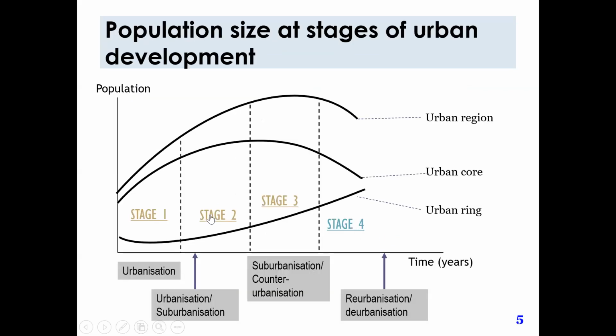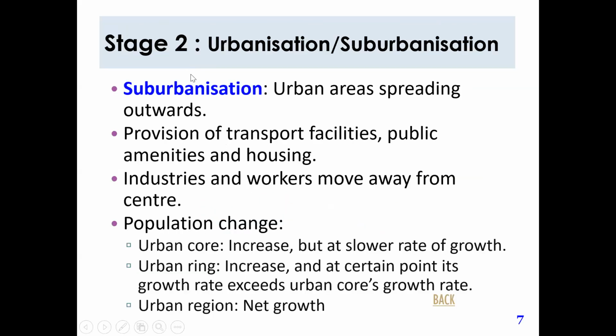The second stage is the urbanization and suburbanization stage. These two processes will occur, not only at the urban core but also at the outside. In stage 2, suburbanization begins to occur because the core area begins to be dense, and a lot of problems start to form in the urban core, so people are moving outside.